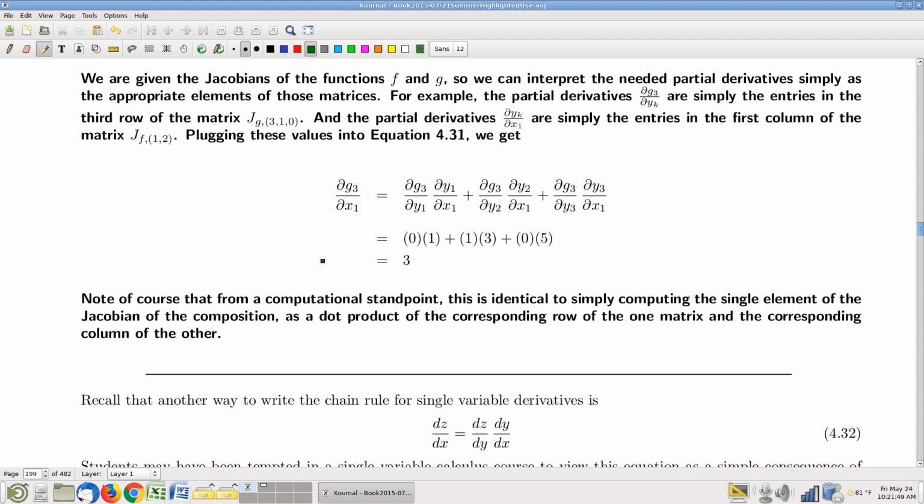For example, notice in this partial derivative right here, what's the story here? The story here is that I'm holding most of the x variables constant. I am, however, going to change x1, and as x1 changes, y1 changes. Here's the thing.